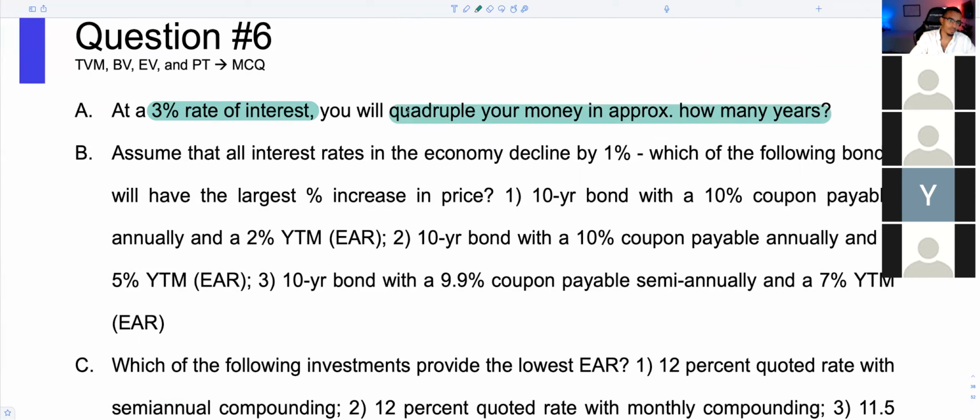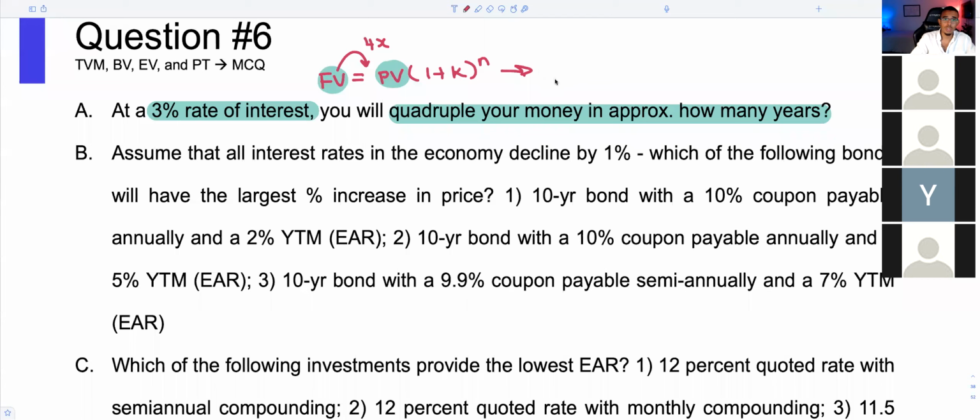Another way to do it is simply by using math. So we know that the future value of something is equal to the present value times 1 plus k to the power of n. What we want to figure out is we want your future value to be 4 times your present value.